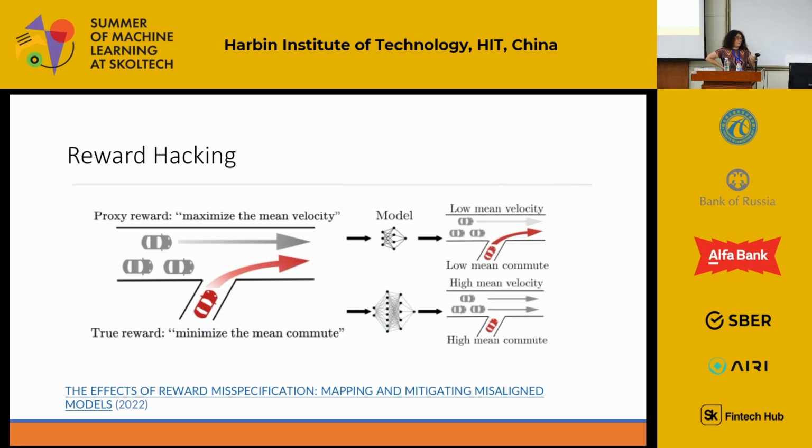The first paper about it in the context of LLM-like sequence prediction methods was from 2022. The authors demonstrated this reward hacking on toy environments, on toy examples. For example, one of the environments which they used was an environment with traffic prediction.